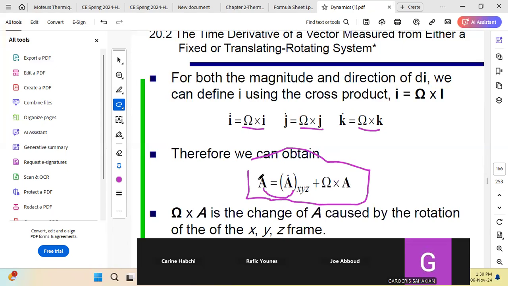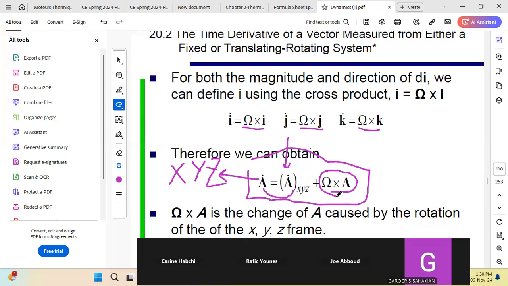Here A dot is the absolute derivative, measured in big X, big Y, big Z. This component represents the derivative in small x, small y, small z. And this one represents the effect of the rotation of the frame.